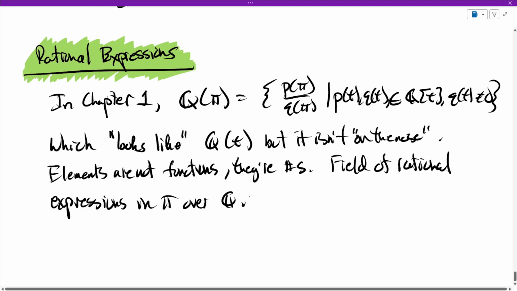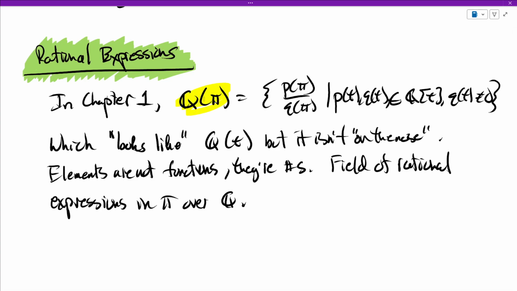But for now, let's observe something here. This notation on the left, Q adjoin π, is notation that we've introduced in this chapter. Namely, this should be the smallest field that contains Q and π. Well, what should that smallest field have in it?